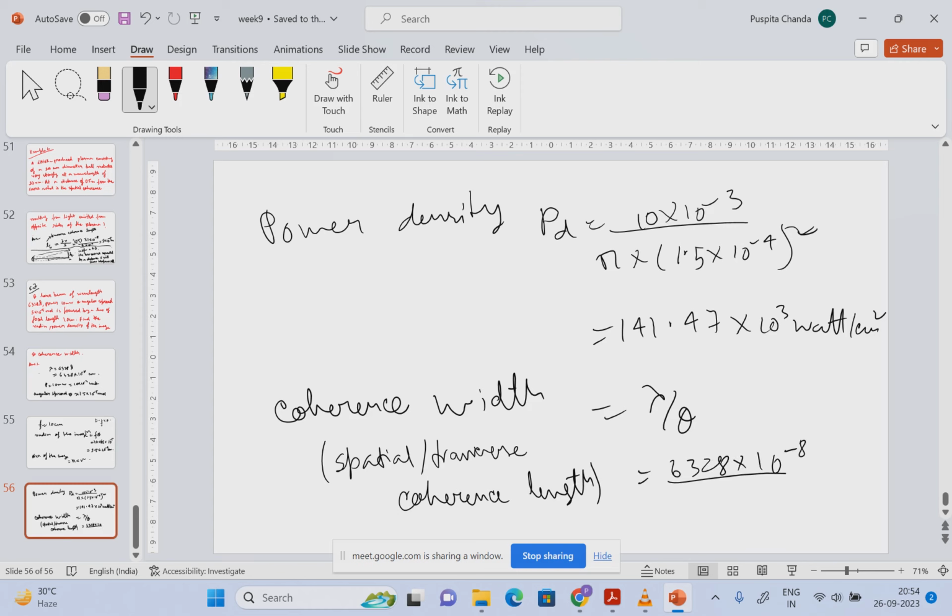So 6328 into 10 to the power minus 8 over 1.5 into 10 to the power minus 5, which is 4.22 centimeters.